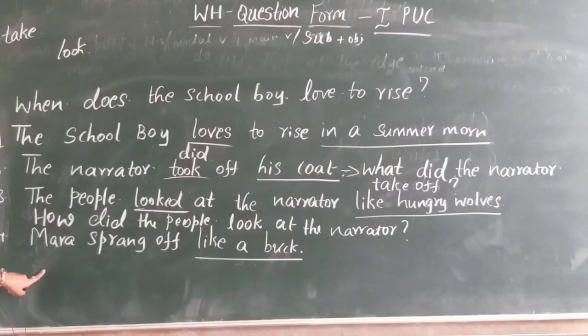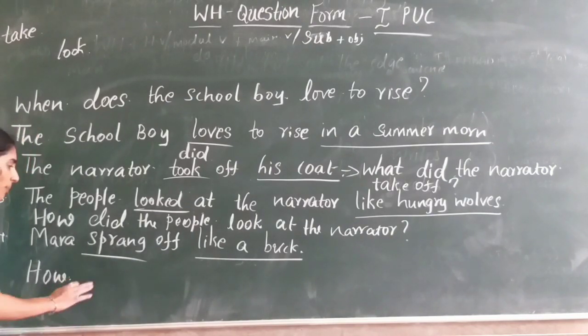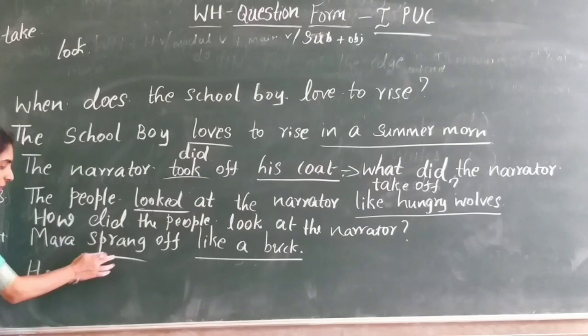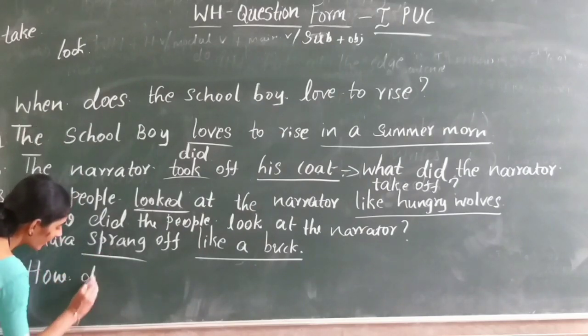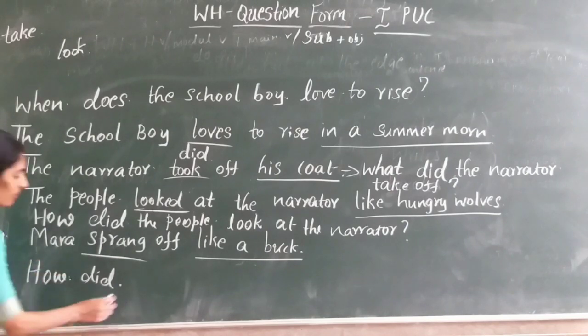So now, look at the last sentence here. Mara sprang off like a buck. Again, like, manner. So, how? Sprang is past tense, spring is present. Past form of spring is sprang, which means it has to take did. How did, and then subject, Mara.